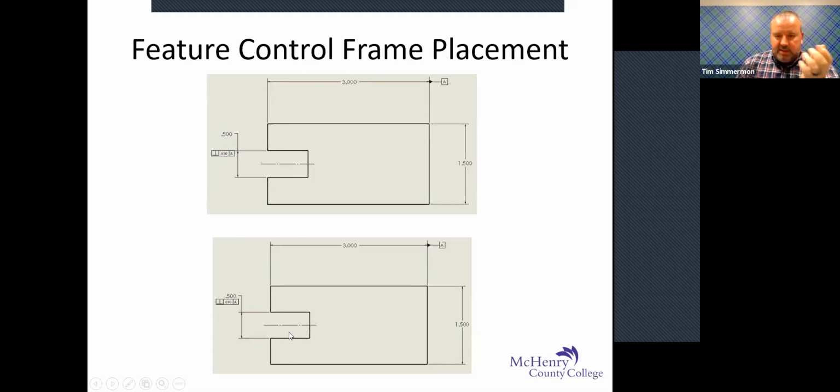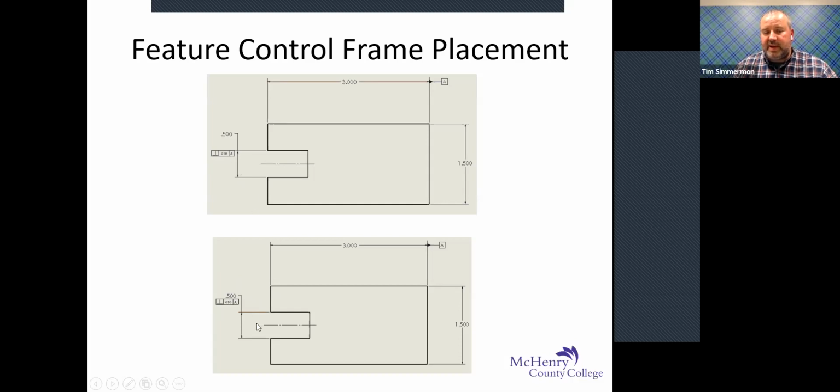Not something I expect you to remember, but something to understand, especially if you're writing programs for inspection routines on a coordinate measuring machine, 3D scanner, FARO arm or something, a portable CMM. How you define that feature could show it to be in tolerance or out of tolerance.